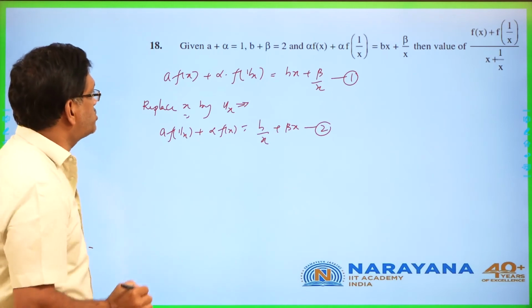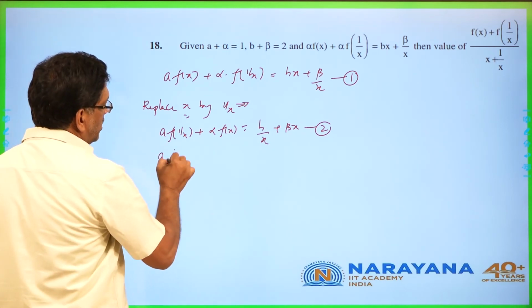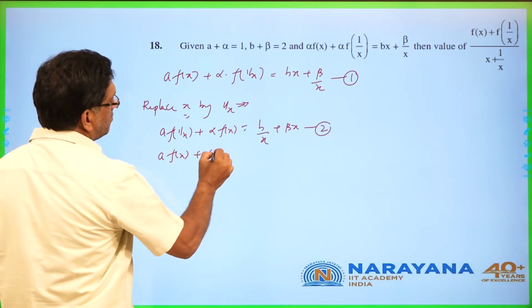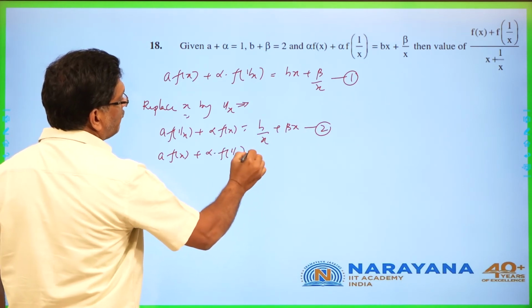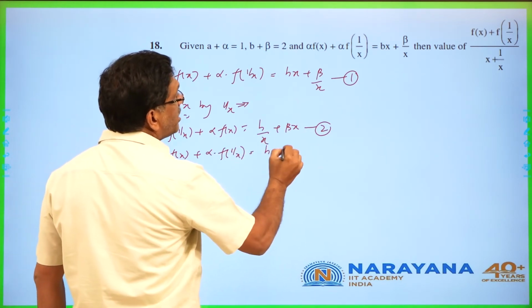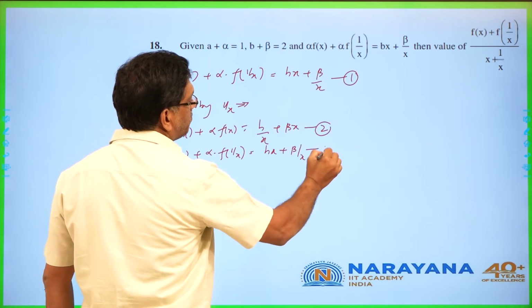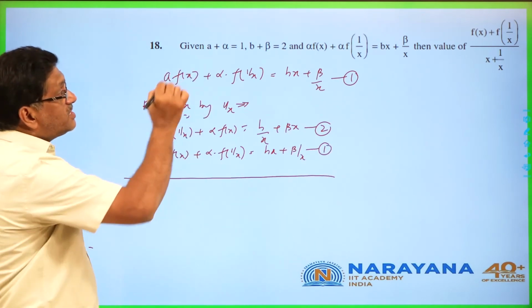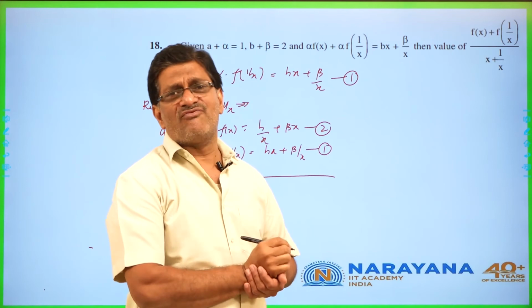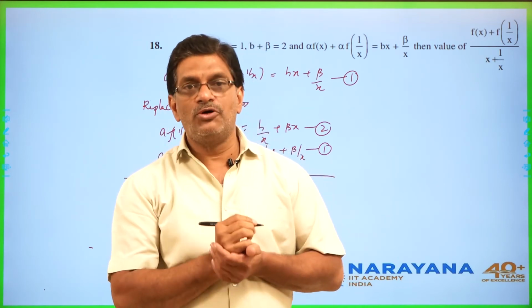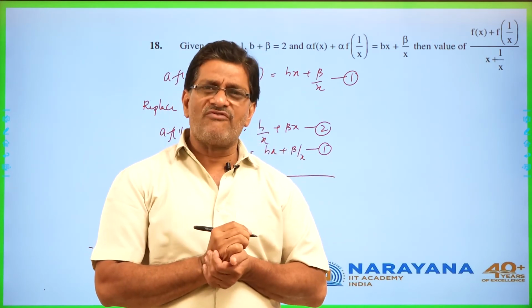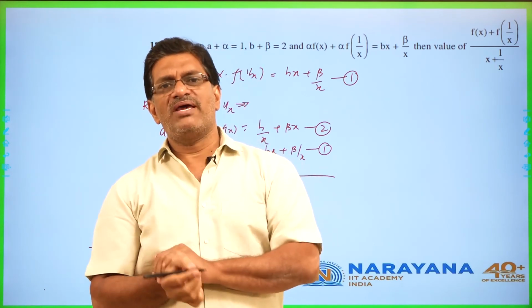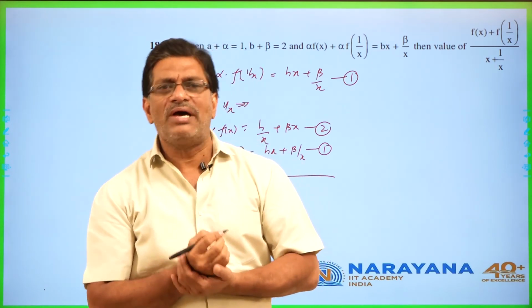This is the second equation. Your first equation is a into f of x plus alpha into f of 1 by x is equal to bx plus beta by x. Since he is asking for f of x plus f of 1 by x, we are going to add. If he is asking only f of x, we have to see that f of 1 by x is eliminated; accordingly, we would subtract.